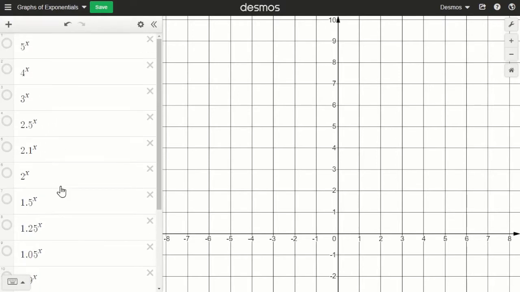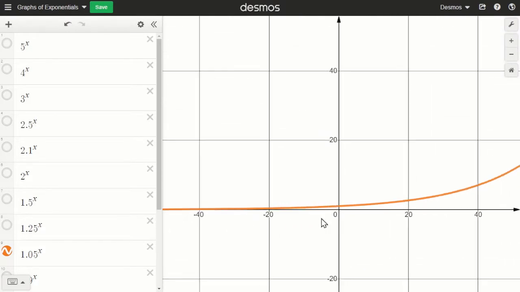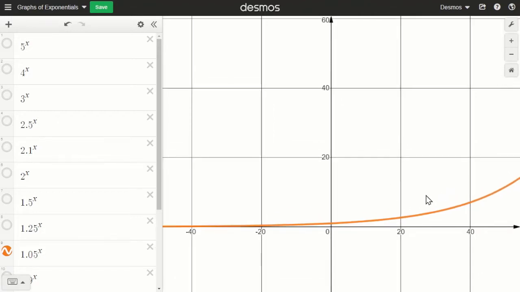I have a lengthy list of those simple exponential functions where the bases were all greater than 1. So 1.05 to the x has a base nearly flat out, but if we put it in a very far zoom, it's a graph rising one way from the left to the right, and the curve is completely above the x-axis. Just like what I was explaining on the board earlier.